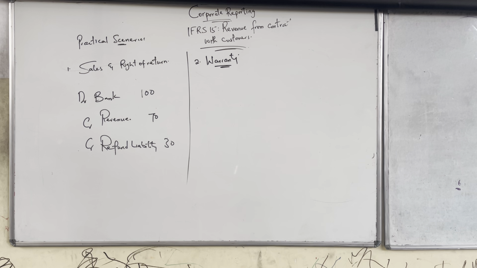That is a distinct performance obligation on which we need to recognize revenue. So, in fact, for this transaction, there are two performance obligations. One is the goods or services itself that they sold, and the second is that extended warranty.